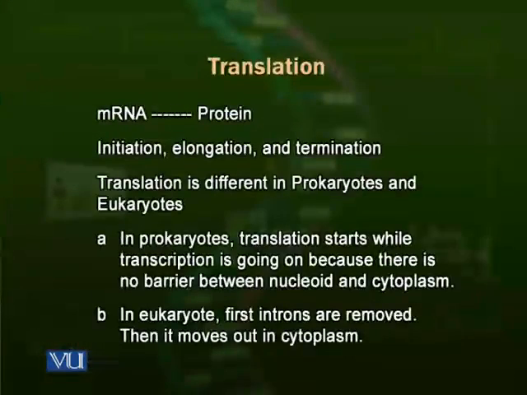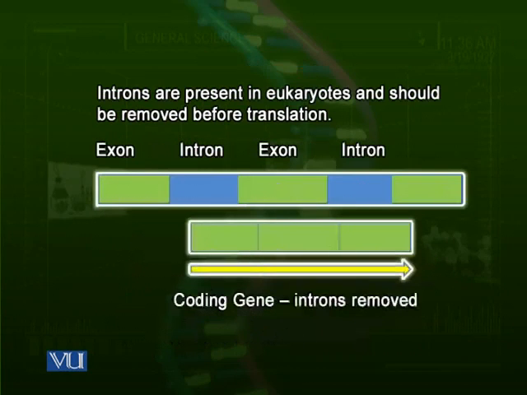There is another difference between the prokaryotic and eukaryotic DNA. The eukaryotic DNA has some extra sequences integrated inside their genes. We call them introns. These introns have to be removed. In the diagram in front of you, you can see in green sequences of DNA called exon, then comes an intron, then an exon, and then an intron. These exons are actually the parts of genes. These introns are non-coding sequences. They do not have to code.